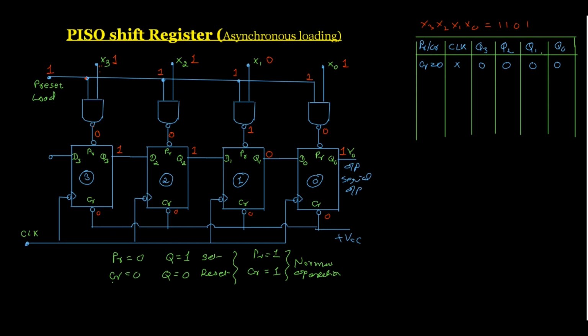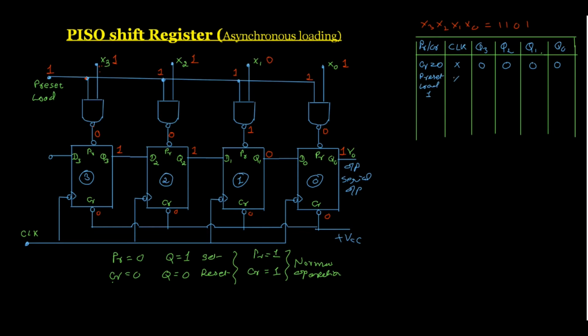Remember? Correct? So 1101 is loaded in the SIPO register. Here, in my second step, the preset we applied, or you can say the load, is high.